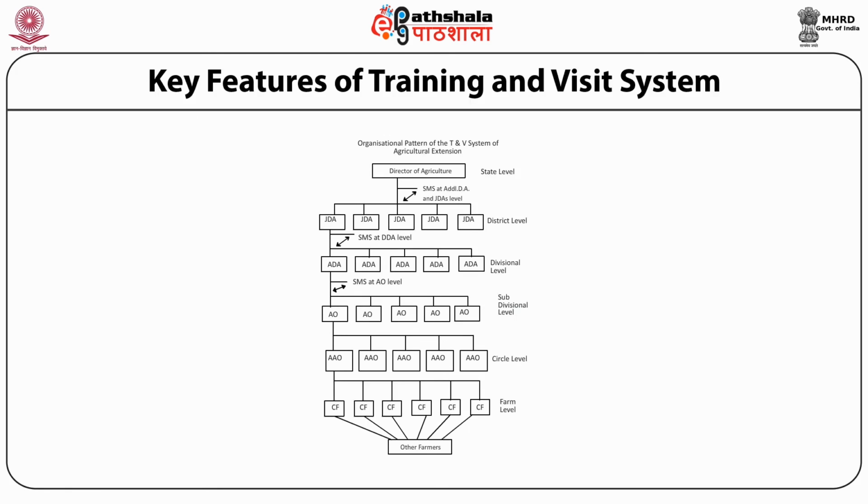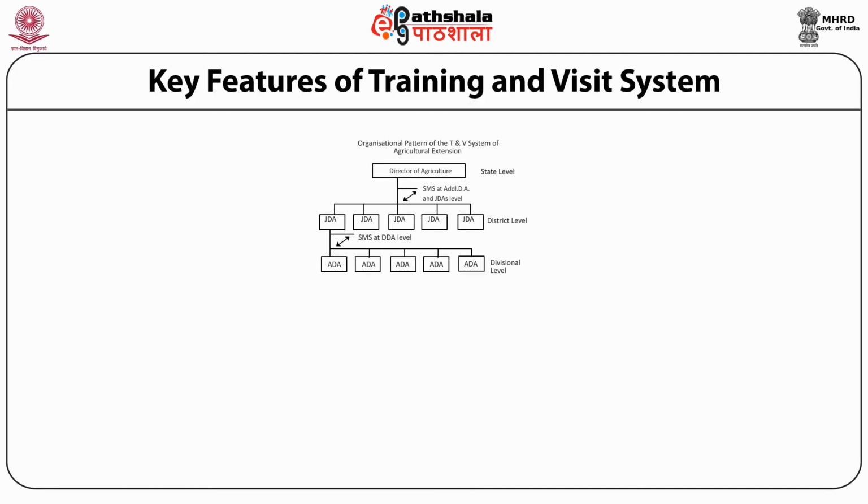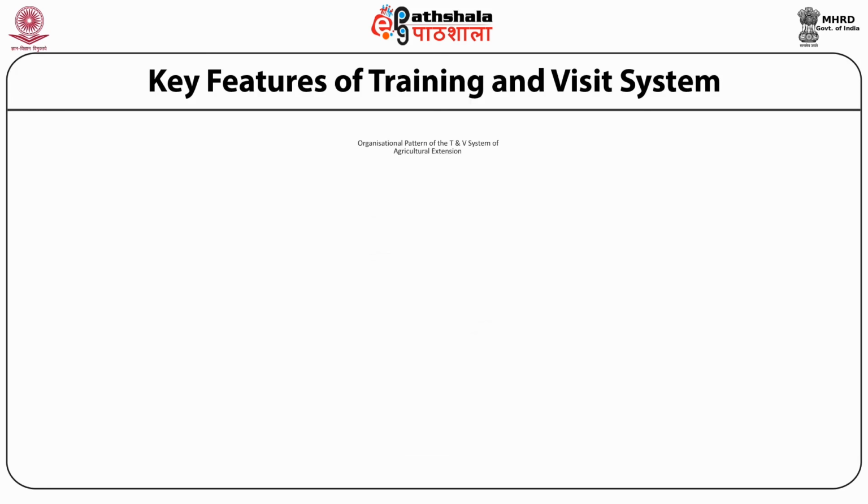SDAEO is supported by a team of subject matter specialists, one each for agronomy, plant protection, training officer, etc. The problems reported at the field level are addressed by these subject matter specialists primarily.